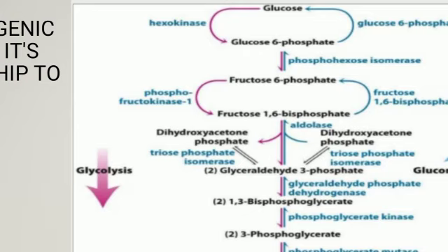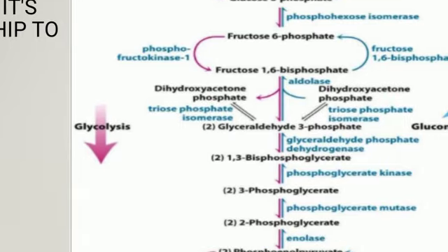Fructose 6-phosphate is converted into fructose 1,6-bisphosphate in the presence of phosphofructokinase 1, and this fructose 1,6-bisphosphate is converted into dihydroxyacetone phosphate in the presence of aldolase, and this dihydroxyacetone phosphate is converted into glyceraldehyde 3-phosphate in the presence of triose phosphate isomerase.